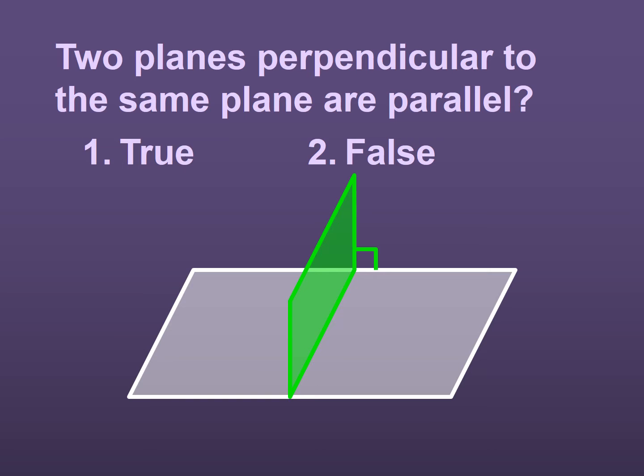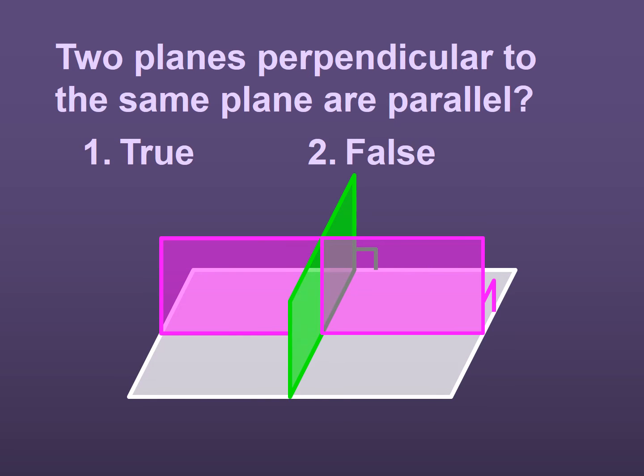So here's one plane, and it's perpendicular, and here's another plane, and it's perpendicular. So we would say that's false, because the planes, as you can see, are perpendicular to this plane, but they're not parallel, they're actually intersecting each other. So that would be a false statement.